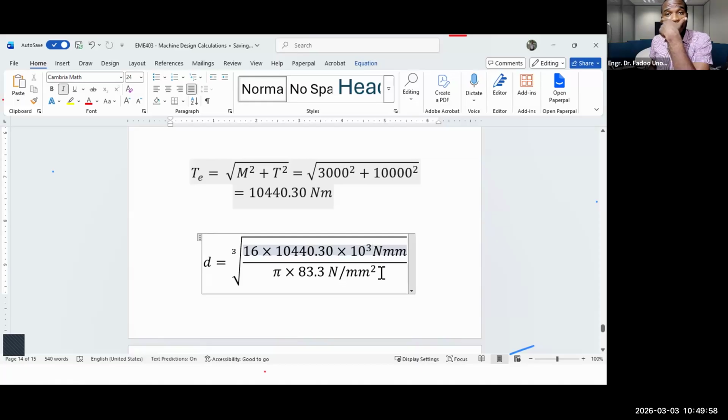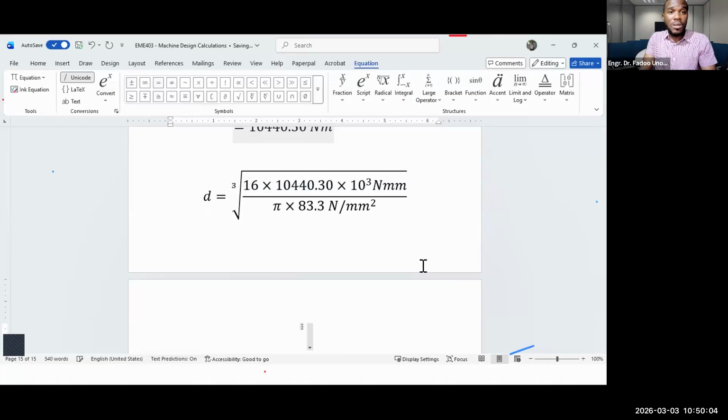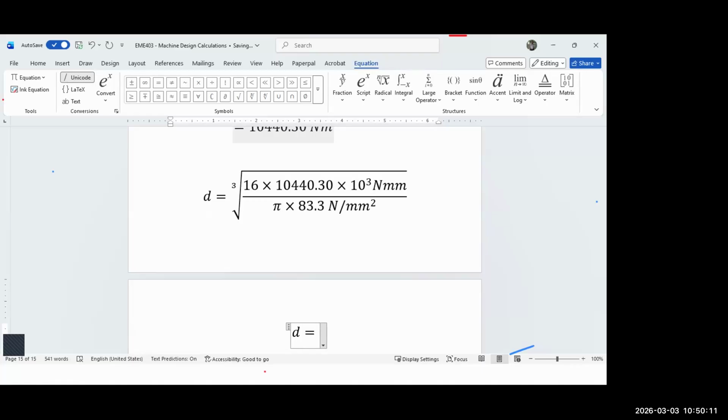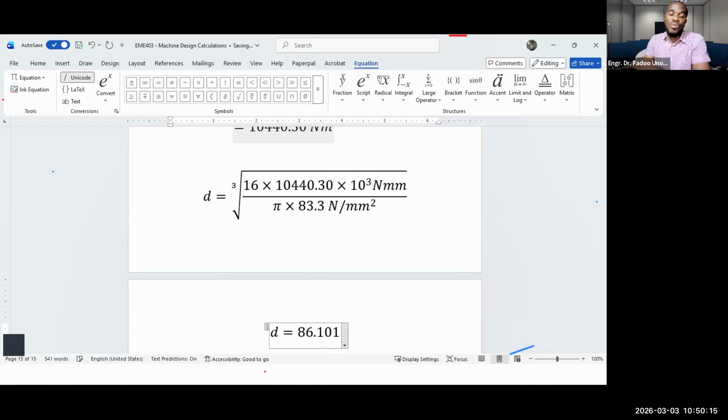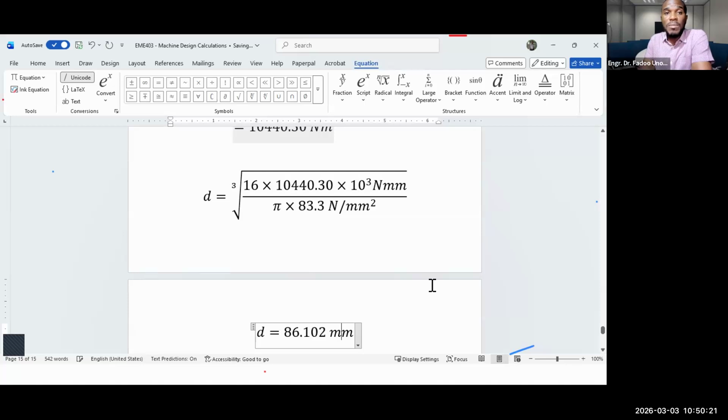So what do we have when you do all of that? 86.101, and the value, 102, approximately 102 millimeters.